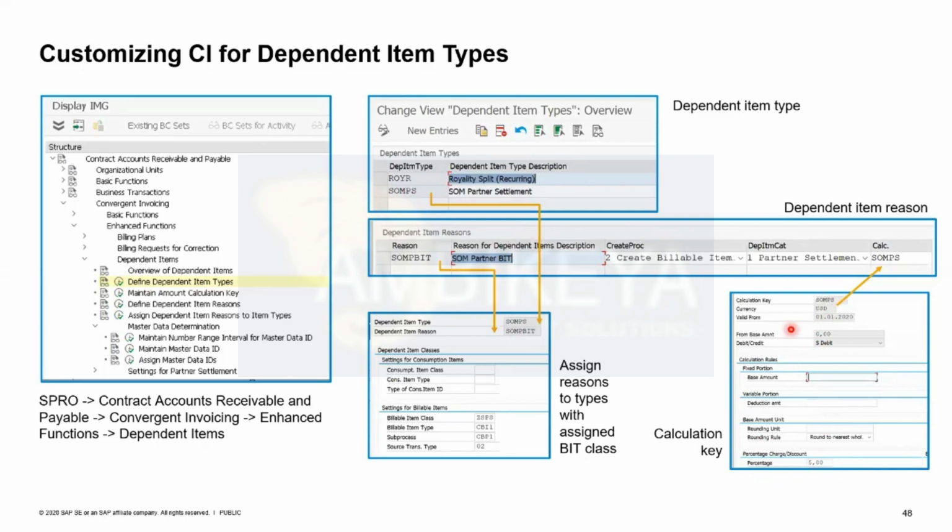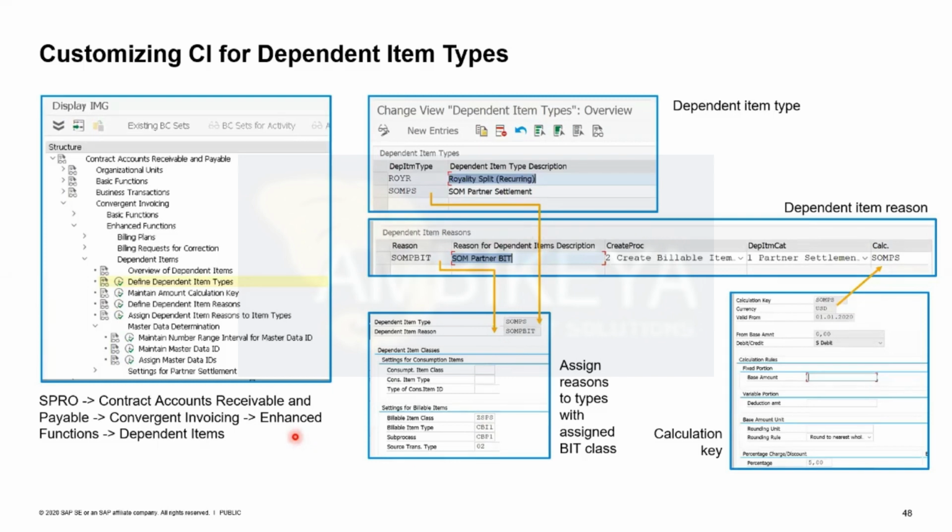So the calculation key will be linked to a dependent item type reason, and the dependent item type is assigned to a reason. So when a dependent item type is assigned to an original item, what should be the bill plan item, billable item type, etc. is customizing here based on the dependent type and the reason.